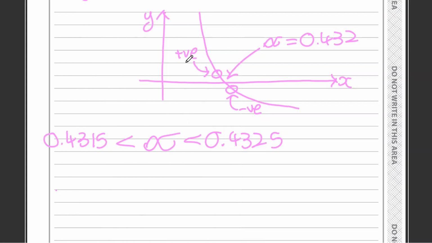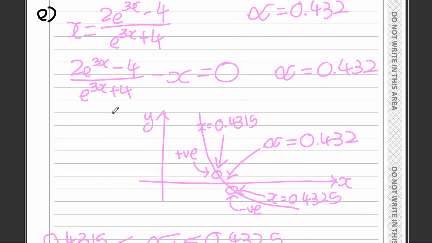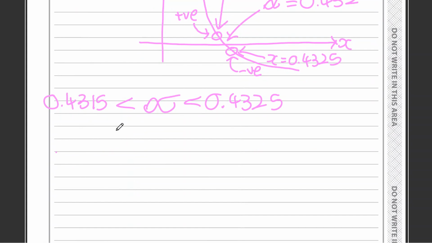So this point here we can say is x equal to 0.4315, and this point here we can say is x equal to 0.4325. If we sub these values into this equation, starting with 0.4315, it will be 2e to the power of 3 times 0.4315, minus 4, over e to the power of 3 times 0.4315, plus 4.